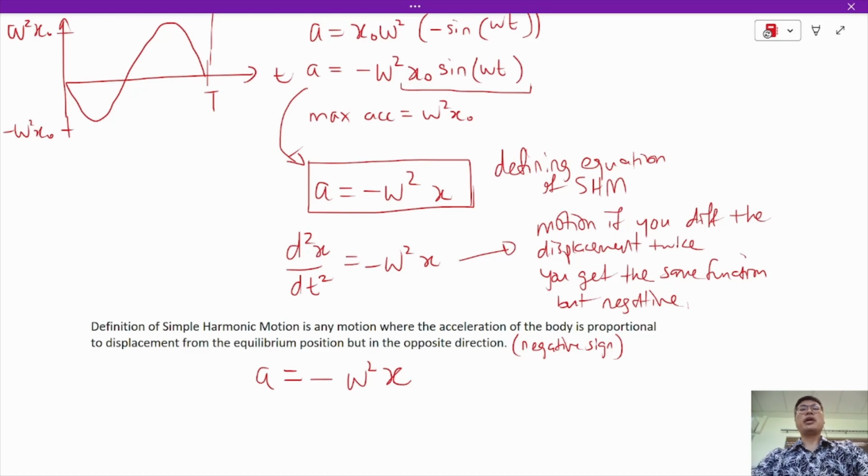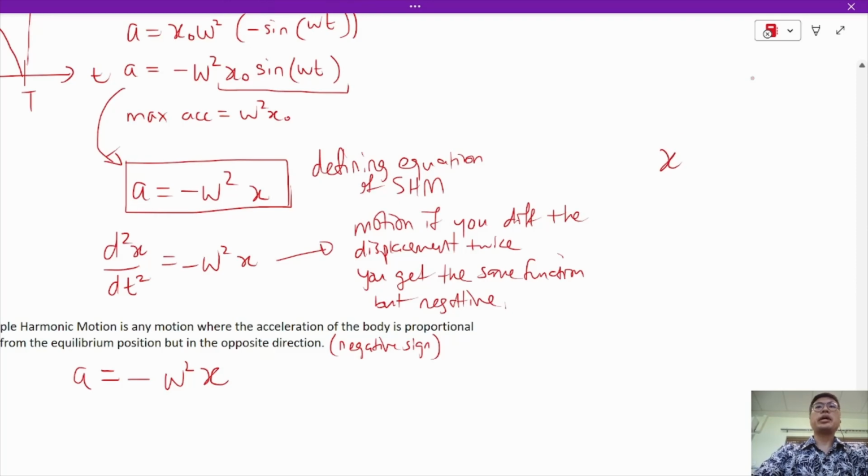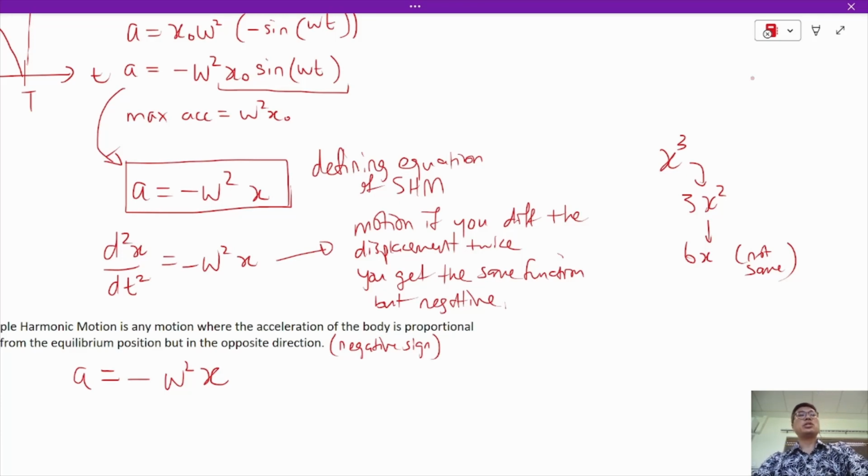Now, can you think of any functions that you can differentiate twice to get the same function? Why don't we try x cubed? When we differentiate x cubed twice, we will get 6x. So it's not the same function. What about an exponential function? We can differentiate it twice and get a similar function, but negative.